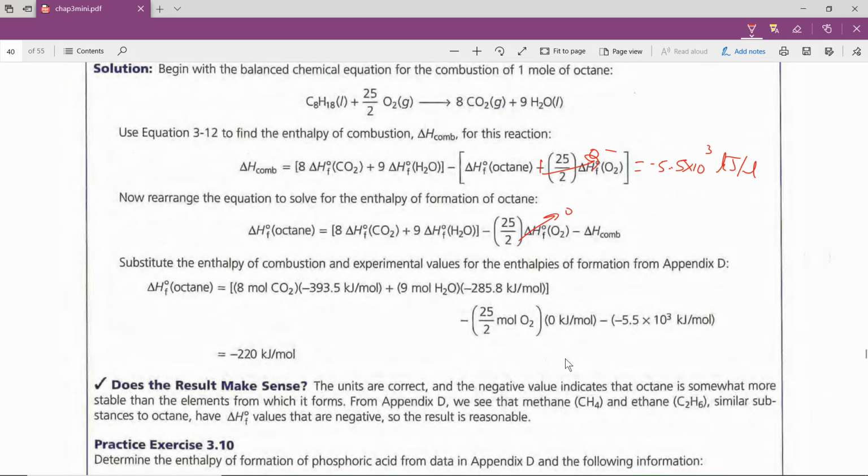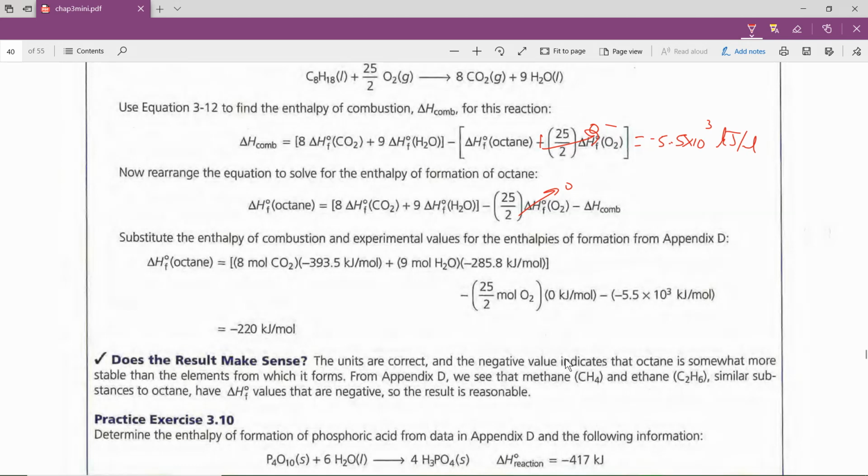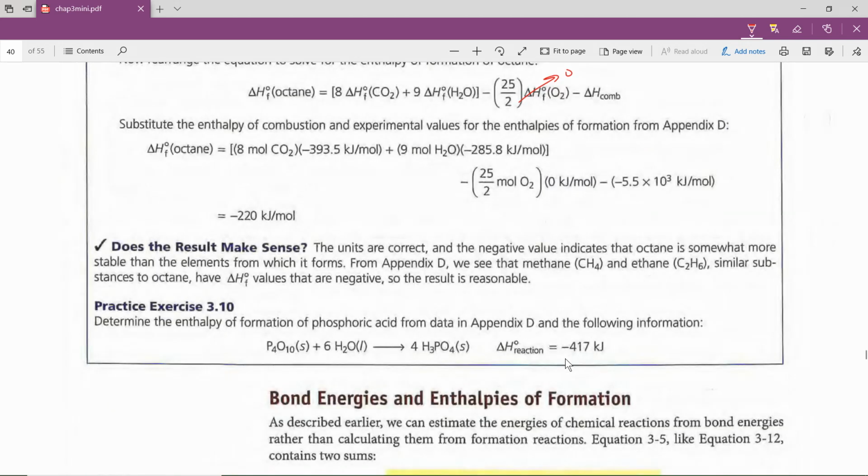So octane is somewhat more stable than the elements from which it forms. Okay, and you can try practice exercise 3.10 on your own. If you do that, you'll be getting pretty good at this.